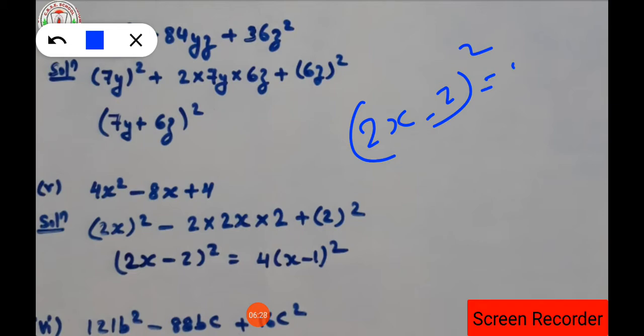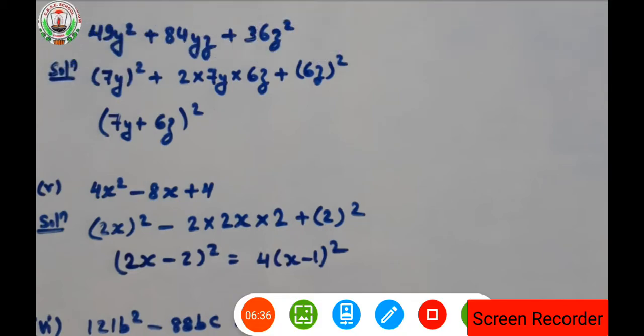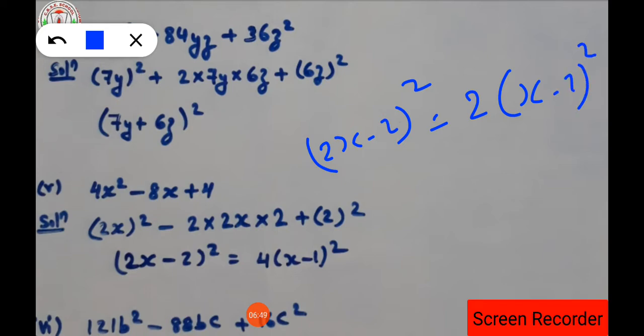So if we take 2 as a common from inside the bracket, the square is equal to 2 common from inside the bracket, that is (x - 1) the whole square. Now since here it is a whole square, that means the square will come along with 2 also. So 2 into 2 will be 4 into (x - 1) the whole square.